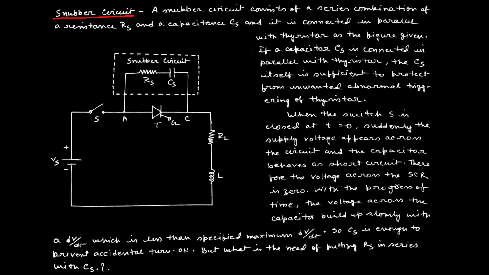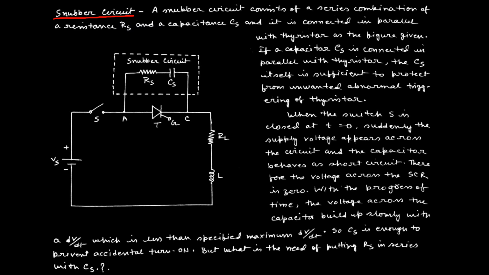When the switch is closed at time t equal to 0, the supply voltage suddenly appears across the circuit and the capacitor behaves as a short circuit. That is the normal characteristic of the capacitor.